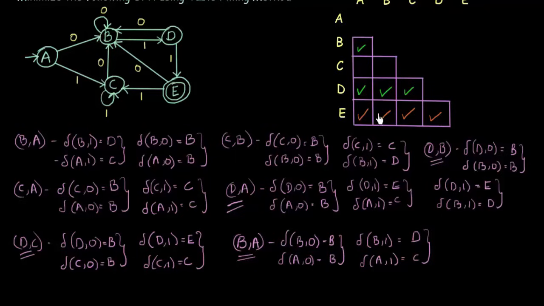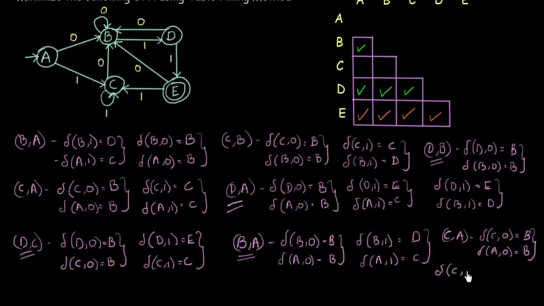Now let us continue. Let us do for this pair, which is CA. So let me write it here. CA. C on getting input 0, where does it go? It goes to B. And A on getting input 0, where does it go? It goes to B. So BB is the pair we get, which does not exist in the table, so no need to do that.